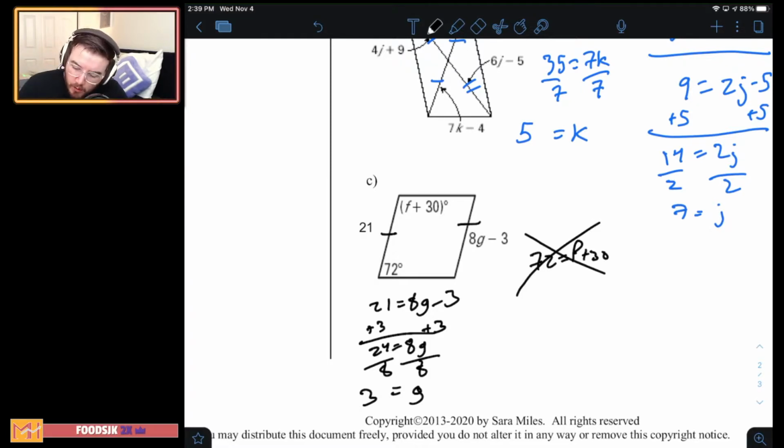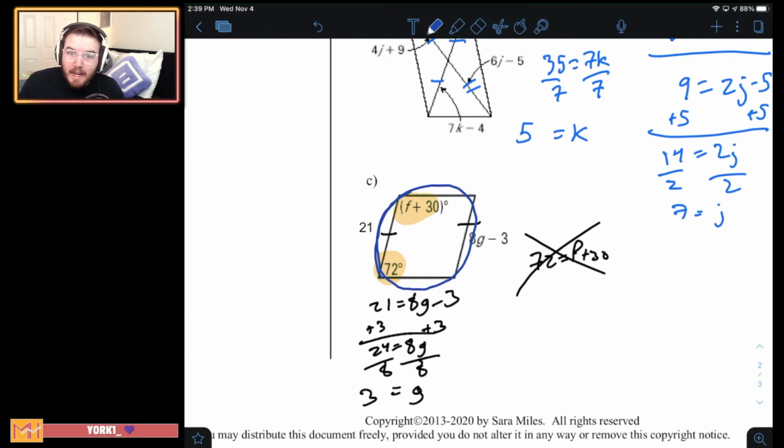Why? These angles are consecutive. They are not opposite of one another. They are not on opposite ends of the shape here. They're consecutive, meaning one right after the other. And again, if you're struggling with that word consecutive, if you were circling around this object, the angle comes after 72F plus 30.